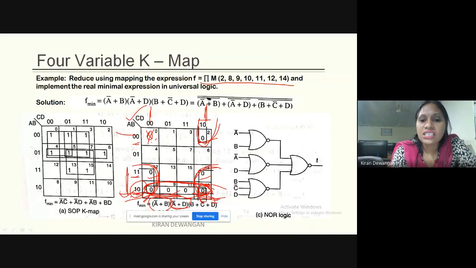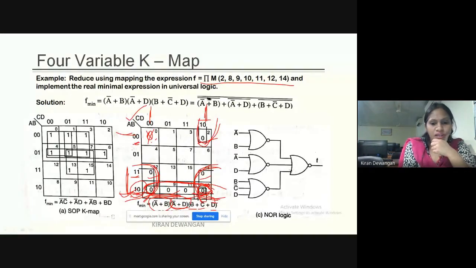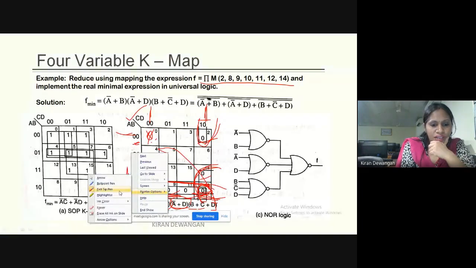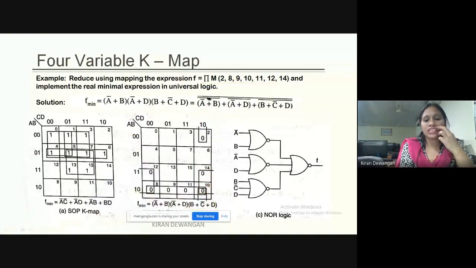This is C bar plus D. Sorry, it is B is 0. So B, this is C bar plus D. ठीक है? B plus C bar plus D. Correct. So this is how we can find out the minimal expression in the POS form also.